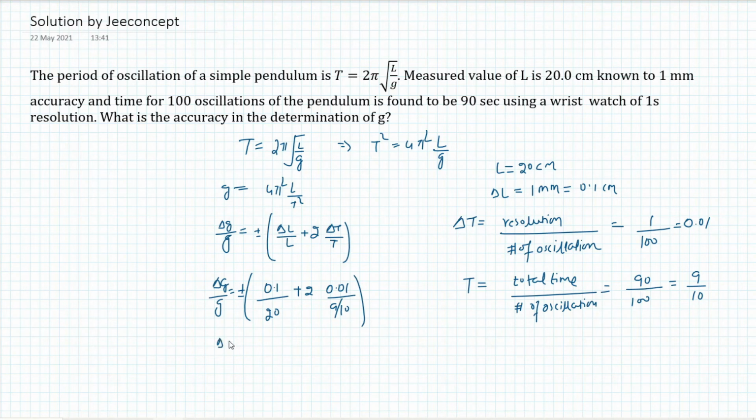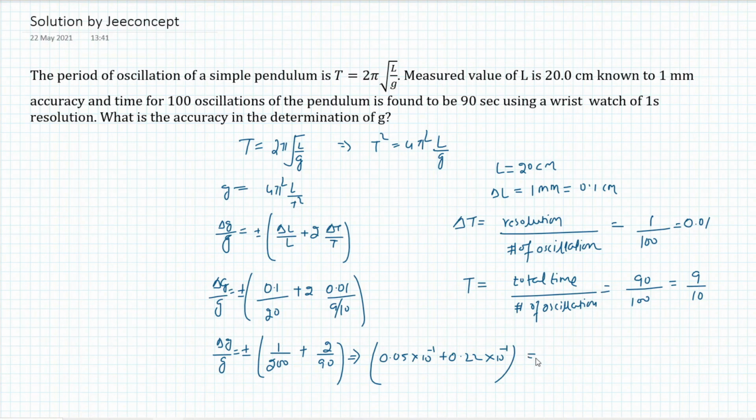So delta g by g is plus minus 1 upon 200 plus 2 upon 90. If I solve this, it is going to be 0.05 into 10 raised to power minus 1 plus 0.22 into 10 raised to power minus 1.